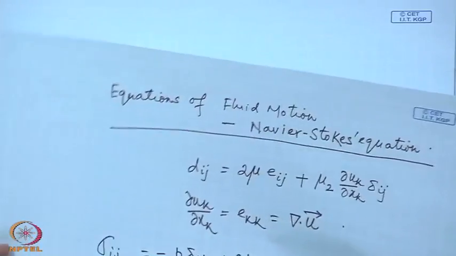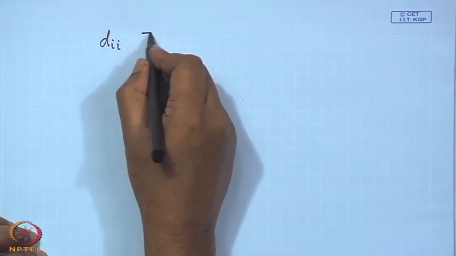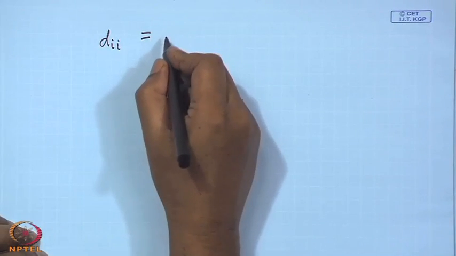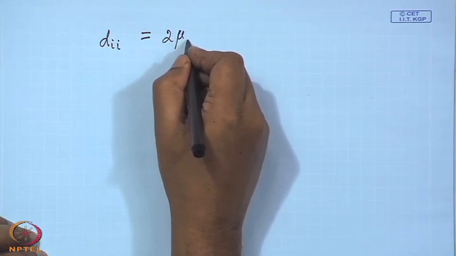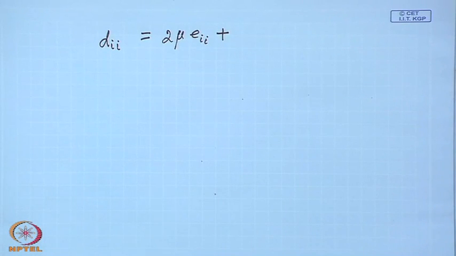Now, let us see what that means. What is d_ii? It is the sum of the three elements: 2 mu E_ii plus, what will be the second term when you contract, when you make i equal to j?